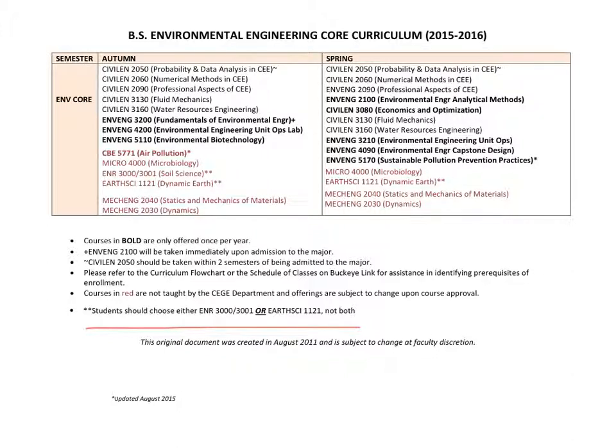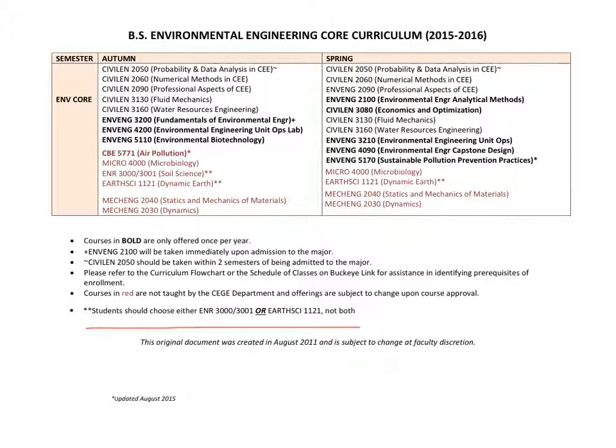You'll just register for them at the same time. An important note, though, is if for scheduling purposes you're only able to fit the 3000 course and not the 3001 course in a given semester, that's fine. You can wait and take the 3001 lab course later on. Just make sure that you take the lecture before the lab.